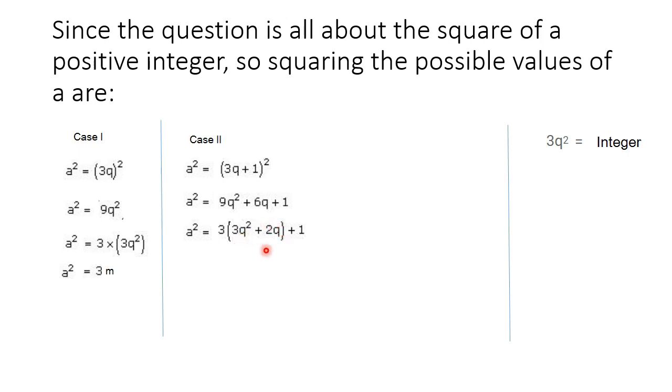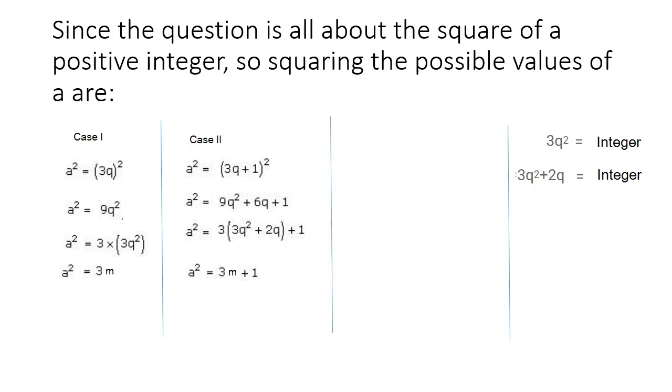Integer plus integer, this whole bracket will come out to be an integer only. So assuming this whole bracket as an integer, integer can be written as m, so this becomes 3 into m plus 1. So the square of a when a is equal to 3q gives us 3m form. The square of a when a is equal to 3q plus 1 will give us 3m plus 1 form.